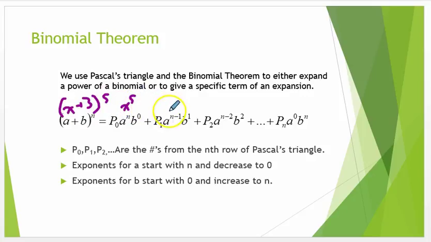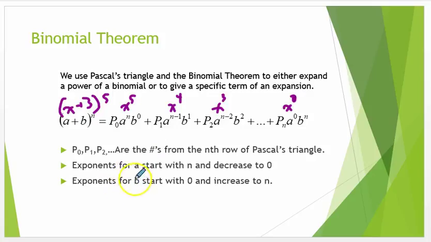So it would go x to the 5th, and then if you took that 5 and subtracted 1, you would have x to the 4th. And then if you subtracted 2, you would have x to the 3rd. And you would keep going until you get all the way down to x to the 0 power. So all that's being described with those numbers is: start from the exponent you have outside the binomial and then count down for each term. So subtraction is all you need to do.